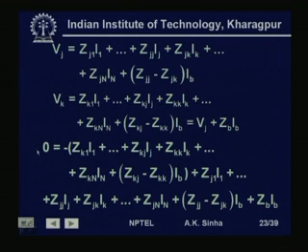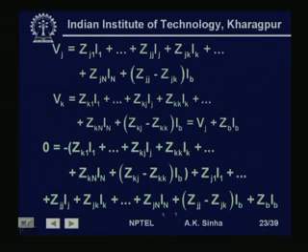So we are writing 0 is equal to Vj minus Vk, writing minus Vk here plus Vj, this whole expression with a negative sign. So minus Vk plus Vj, this is the Vj term that we have.